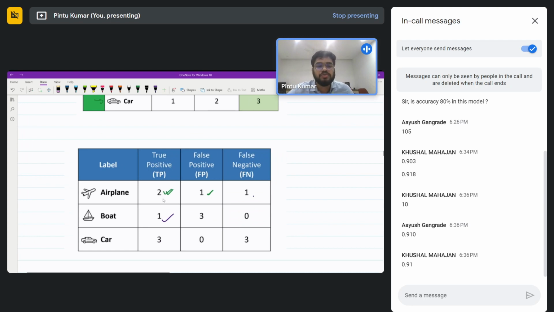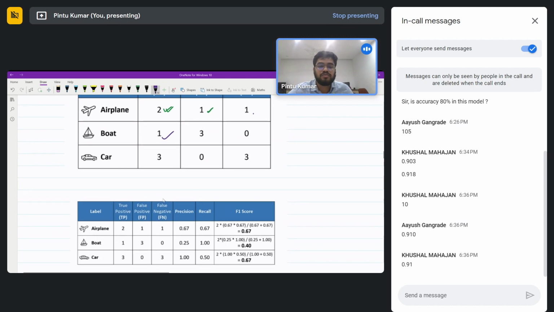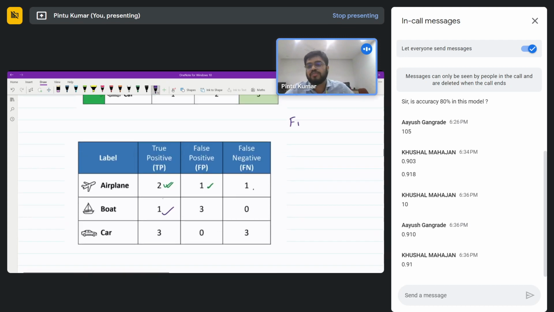Now, based on these values, we will try to calculate the F1 score. To simplify the calculation for the time being, we can try calculating precision and recall because the calculation is quite simple here. So what is precision?